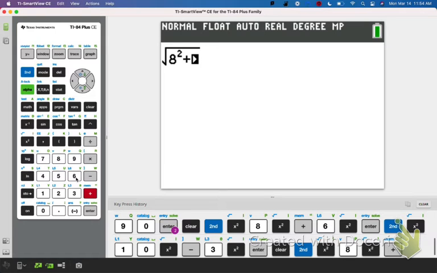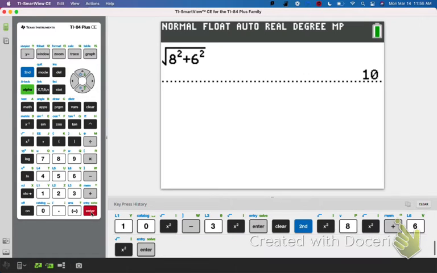Some calculators, like the TI-30s, will let you put it all in one string like that. If you don't have a fancy calculator like that, you're just going to have to do each thing individually. Okay, let's move on to the next one.